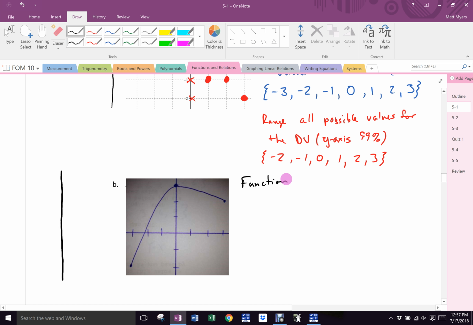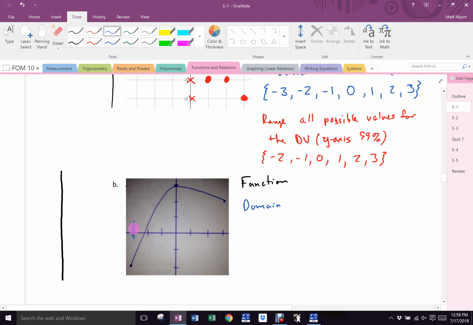Now, how does the domain and range differ between A and B? What's different about the two graphs? It's continuous, isn't it? Graph A only had single points, so we had to write a list. But in graph B, my x values, my domain, is all the x values, correct?